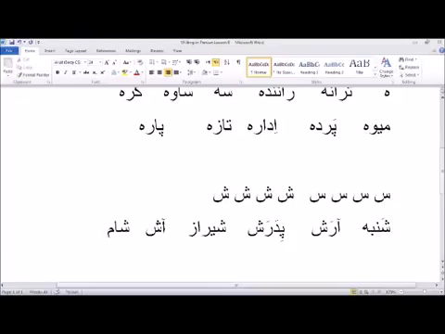Okay, ash, sham. The sound is the same. This one and this one are the same, but this one is initial, this one is the medial position. That's why it doesn't have the hat in the medial position. Sham means dinner. Sh, a, b, shab means night.